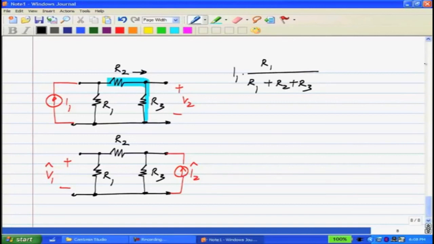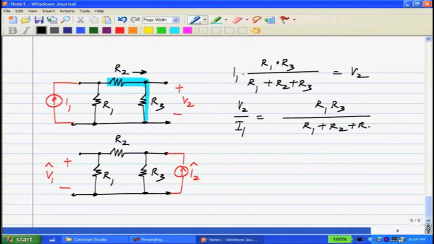And V2 is nothing but this current times the resistance R3. The response by excitation, V2 by I1, will be simply R1 R3 by R1 plus R2 plus R3.